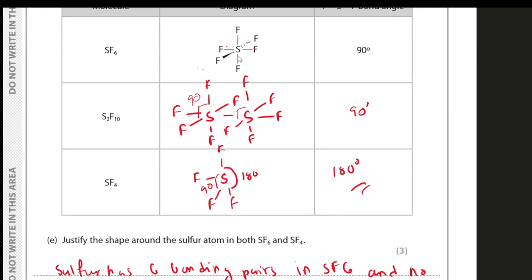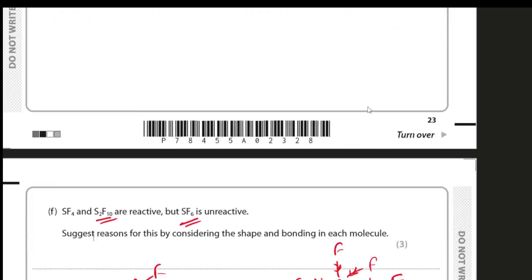There is no SS bond in SF6, right? Since the SS bond is present in S2F10, and since it's much weaker than the SF bond present in SF6, it's much easier to break it down. Since less energy is required, we can say S2F10 is more reactive than SF6.